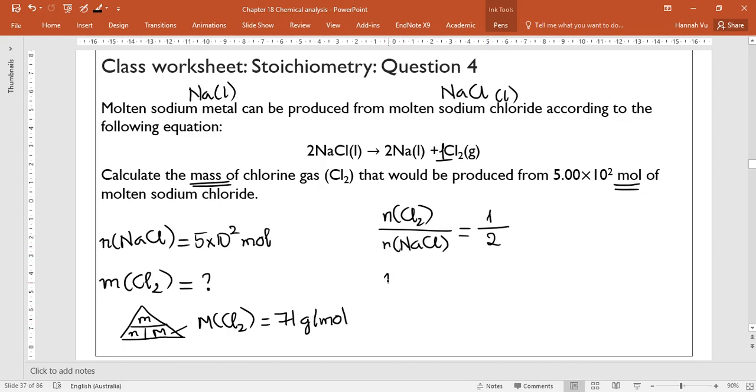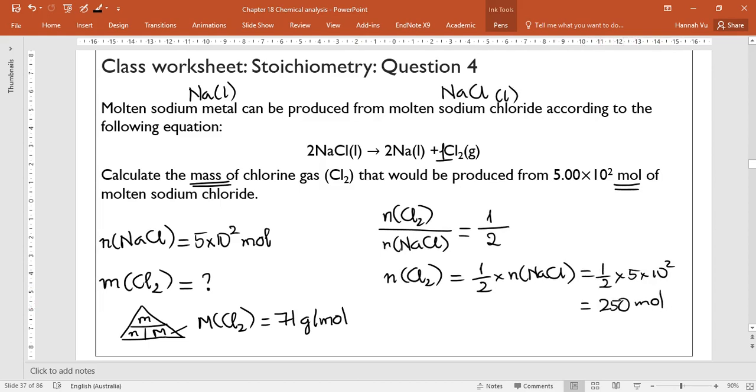So the number of mole of Cl2 is going to be a half times the number of mole of NaCl, which is a half times 5 times 10 to the 2, which is going to be 250 mole. It's quite a lot.